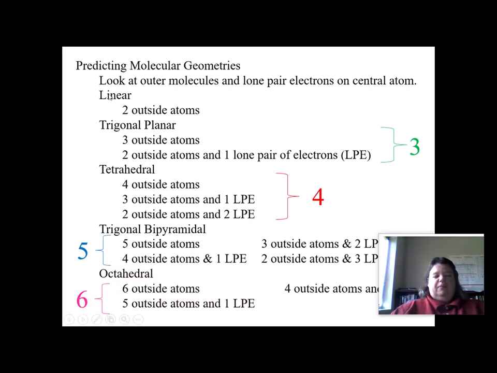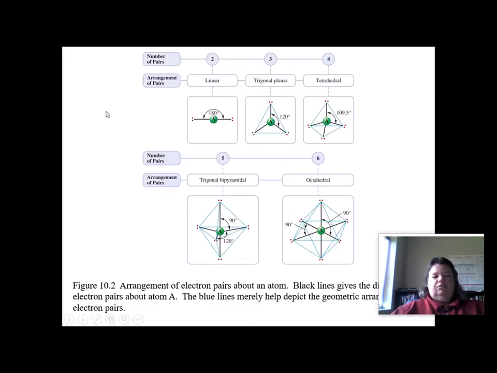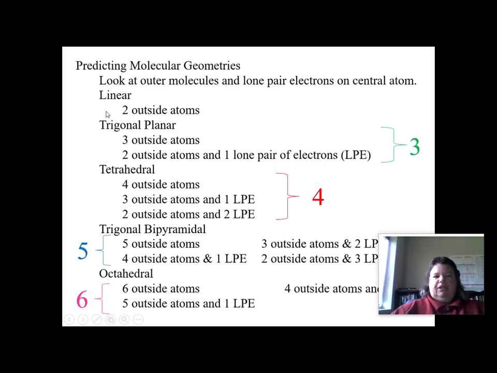So here I have families. The families are linear, trigonal planar, tetrahedral, trigonal bipyramid, and octahedral. So linear, and all of these are assuming that I have an inside atom plus then something else. The book also talks about these as being bonding pairs. I like to use the words outside atoms, and I'll get to why that is in a few minutes.